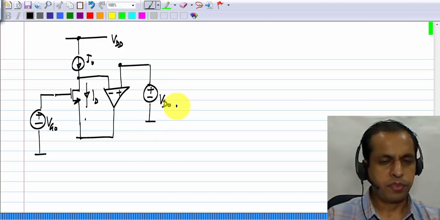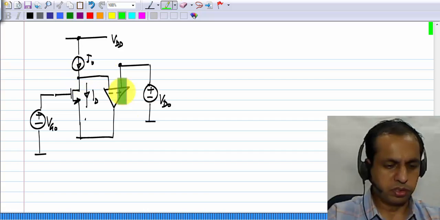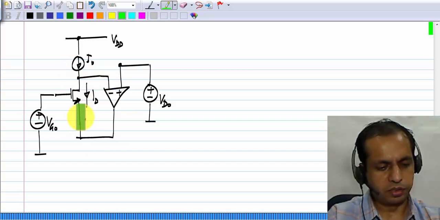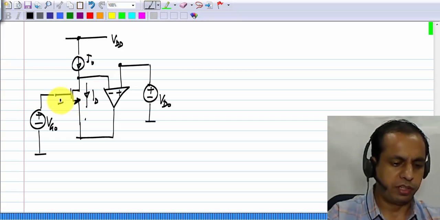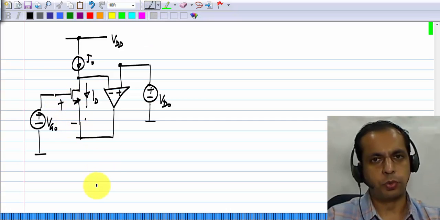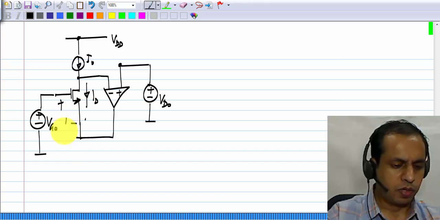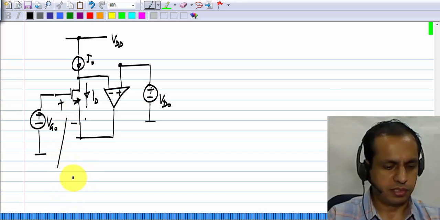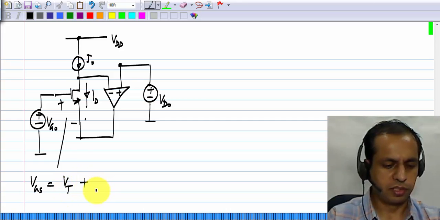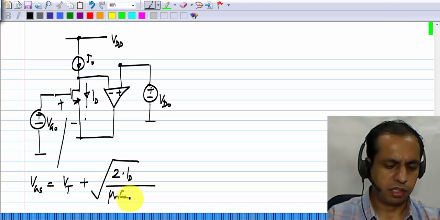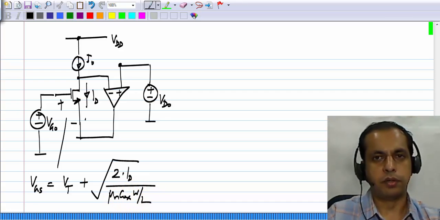Okay, so now because of negative feedback around this, the current through the transistor will be I0. And how does that happen? By having the appropriate value of gate source voltage. Now, assuming that the transistor is in saturation, the gate source voltage would be the threshold voltage plus the square root of 2 times the drain current divided by the current factor.